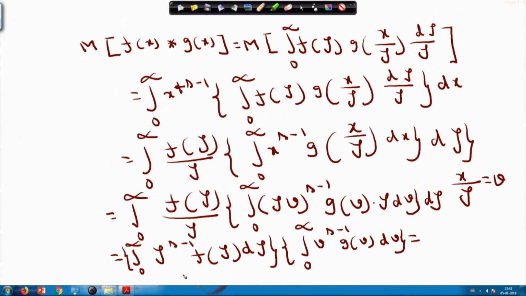One is 0 to infinity eta to the power s minus 1 f(eta) d eta, which is nothing but capital F bar(s), the Mellin transform of f(x). The other integral is 0 to infinity v to the power s minus 1 g(v) dv, which is nothing but the Mellin transform of g(x), that is G bar(s). So we obtain the proof: the Mellin transform of f(x) star g(x) equals F bar(s) into G bar(s). I hope the proof is clear.